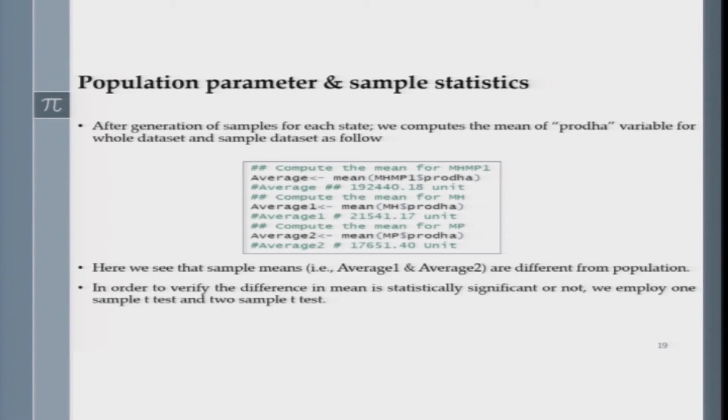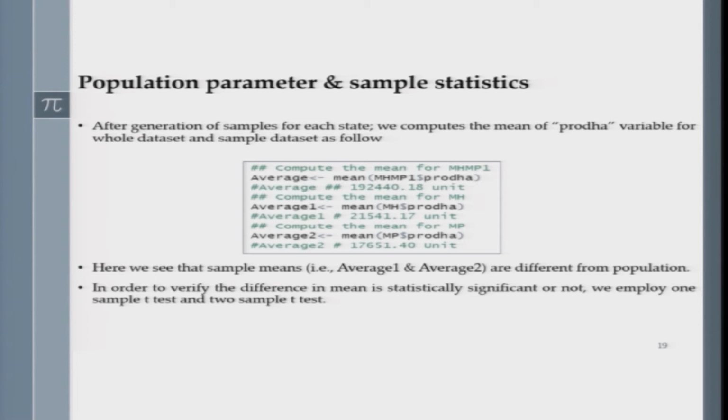I am denoting this variable by the name average, and the mean of Maharashtra state is denoted by the variable name average 1, and I am showing here how you can get it computed in R. And then finally, to compute the mean for Madhya Pradesh, I create a new variable, say average 2, to store the mean value of Madhya Pradesh districts, and that also is done.